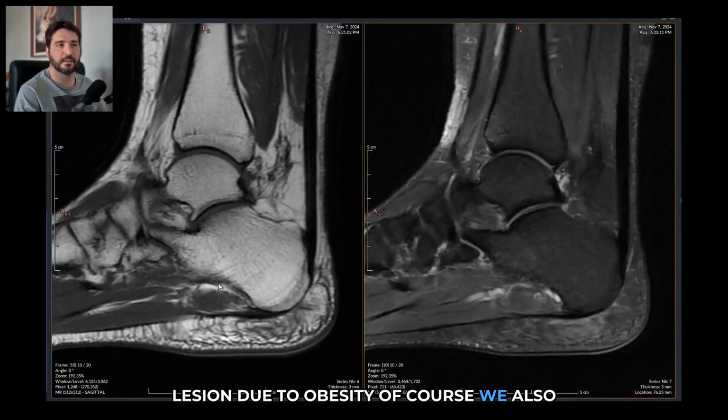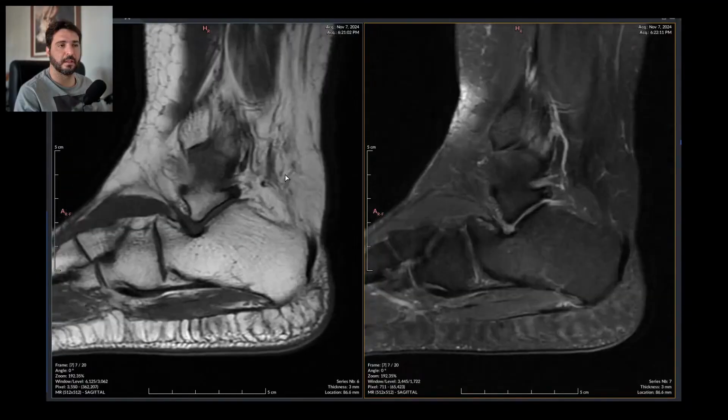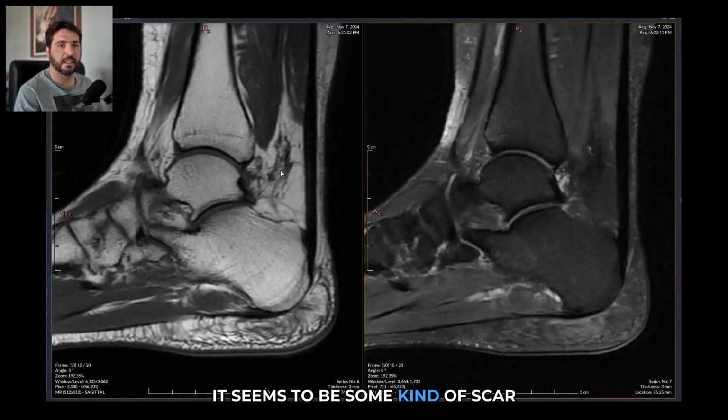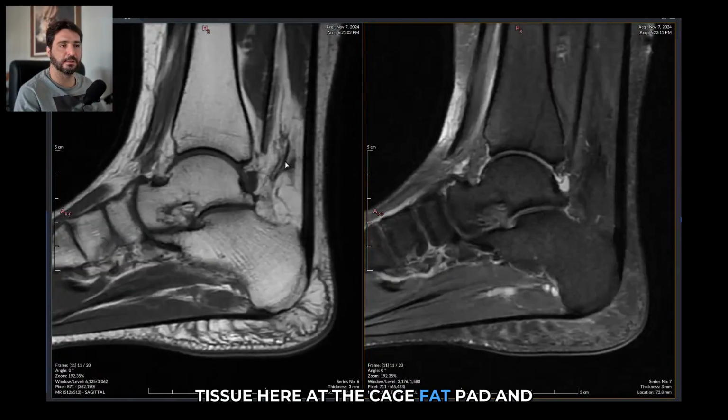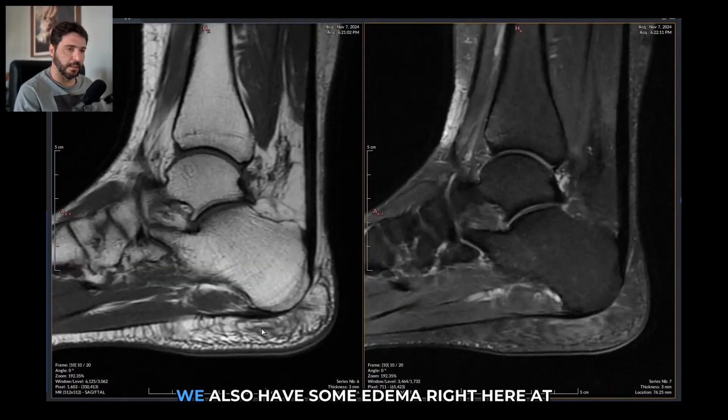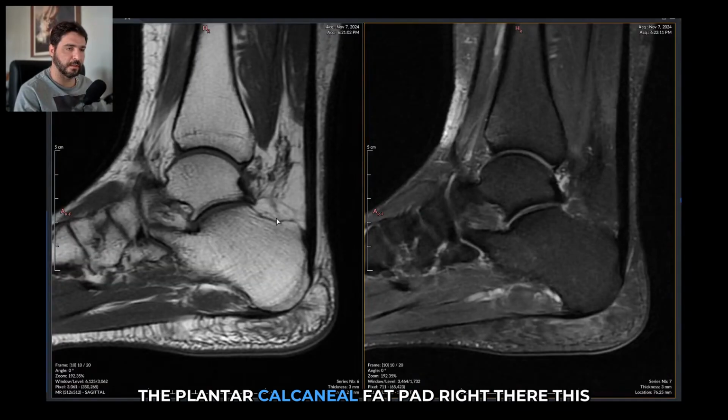Of course, we also have what seems to be some kind of scar tissue here at the Kager fat pad. And we also have some edema right here at the plantar calcaneal fat pad right there.